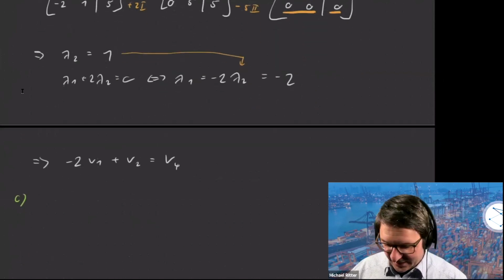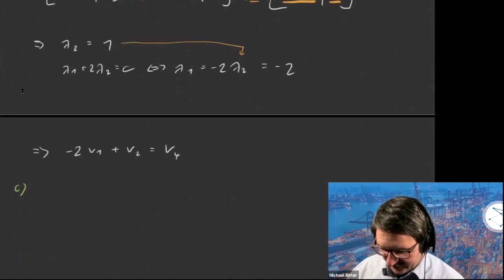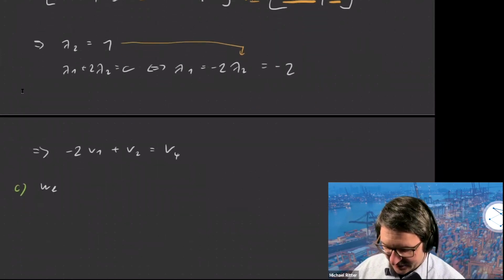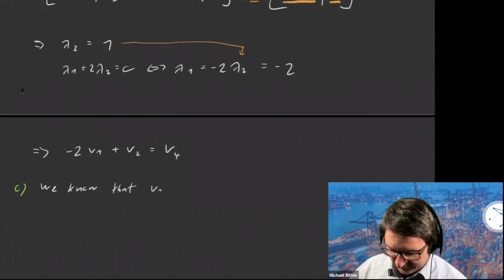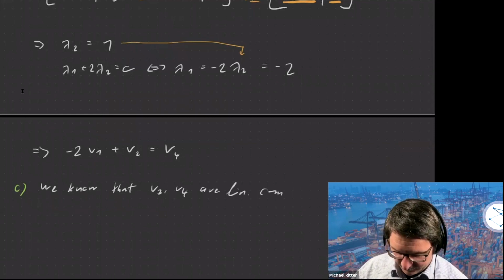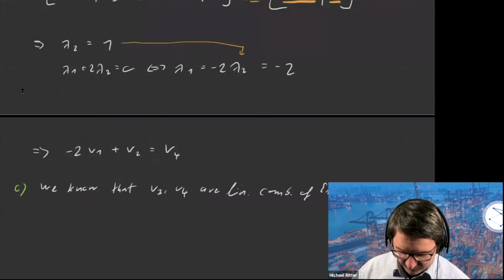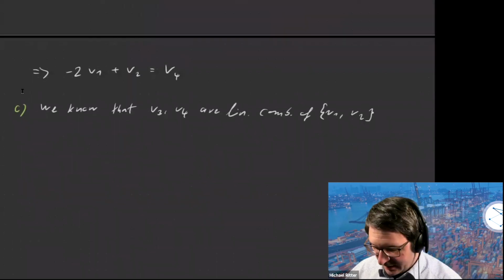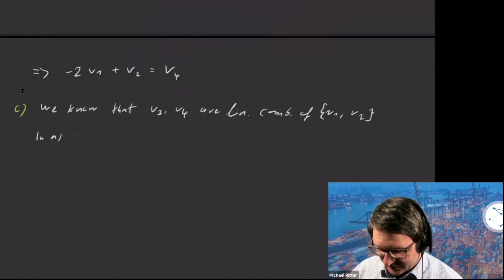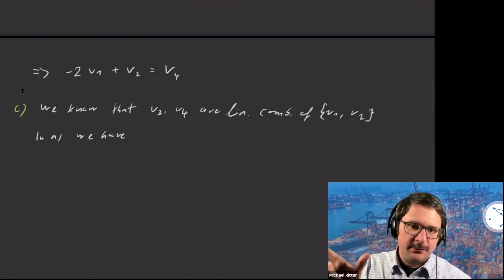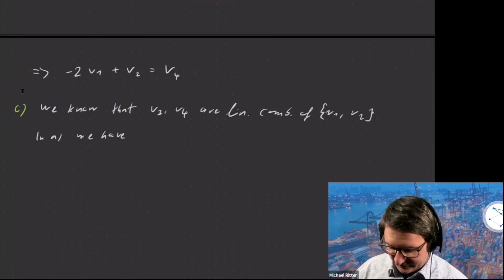So we know that V4 and V3 are linear combinations of V1 and V2. And in A, we've also established that the set V1, V2 is actually linearly independent.